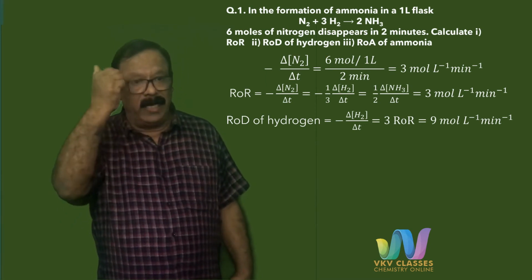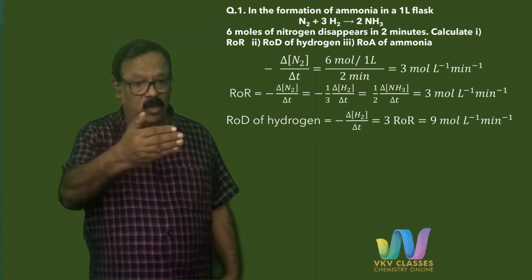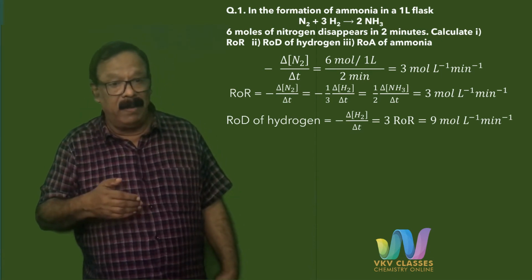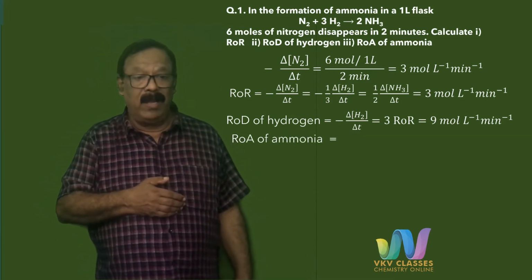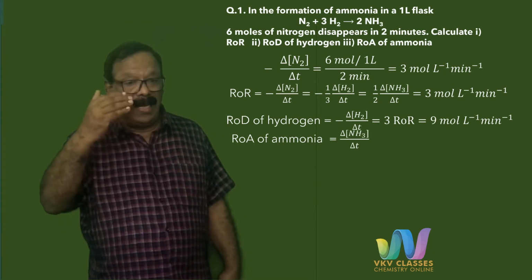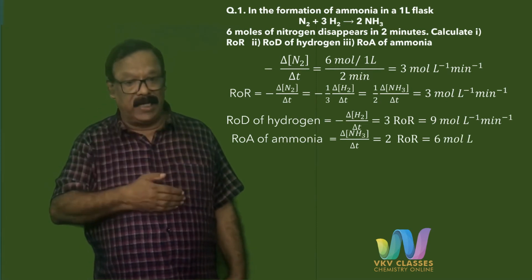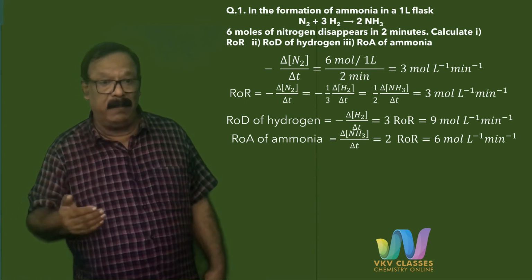Nitrogen rate is 3 moles per liter, that is 3 times hydrogen. So hydrogen rate will be 9 moles per liter per minute. Then what will be the rate of appearance of ammonia? It will be 2 times. So delta NH3 by delta T will be 2 times the rate of reaction, that is equal to 6 mole per liter per minute.